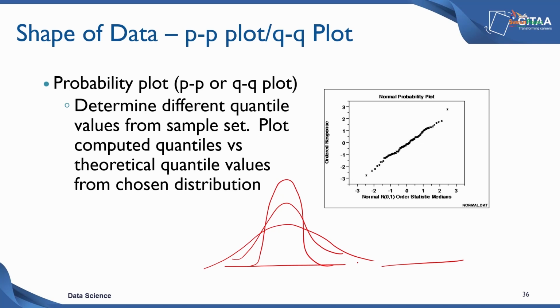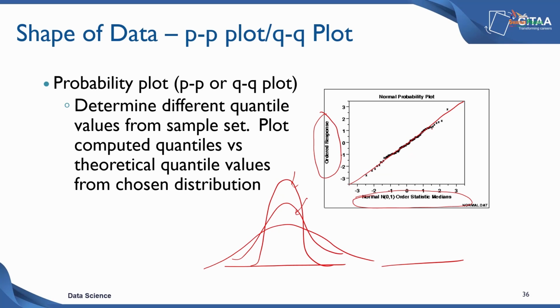The idea is to understand whether your data follows any of these particular patterns, and to understand that, you plot either a PP plot or a QQ plot. This is the way your data is actually lying, and if it's a normal distribution, this is the way it ought to be lying. If your data falls completely on the 45-degree line, that means your data is following a normal distribution.